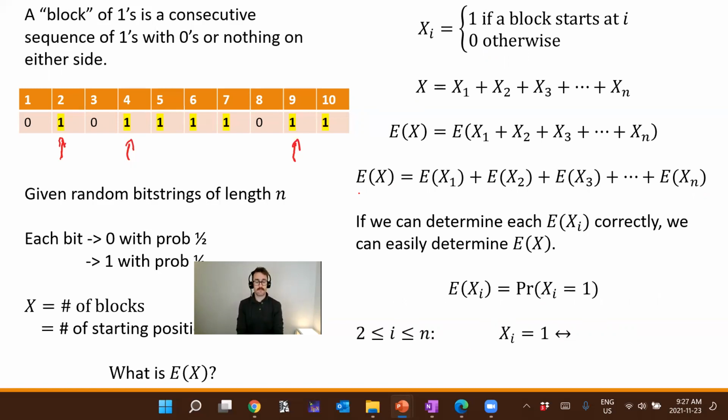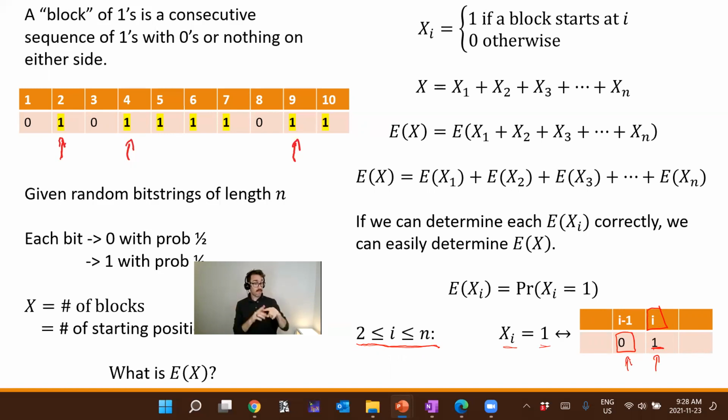Okay, so for all values from 2 up to n, xi is equal to 1. Well, what does that mean? That means I start a block at the ith position. So since we're starting at position 2, to the left of position i must be a 0. Since this starts a block, the position to the left-hand side must be 0.